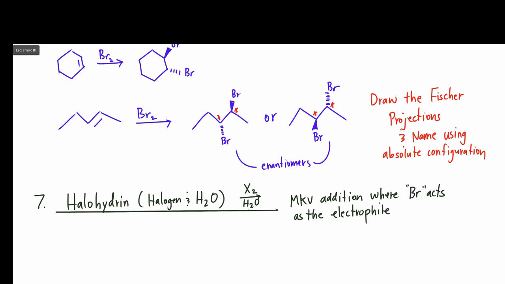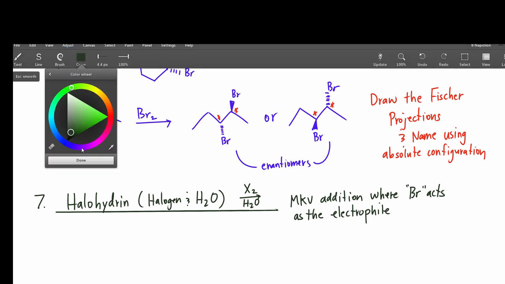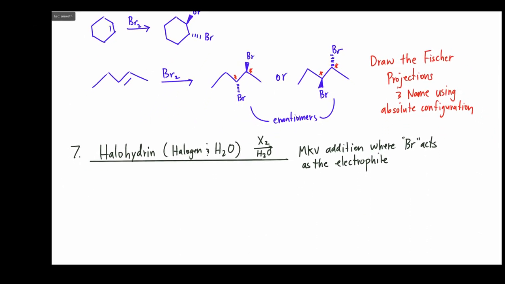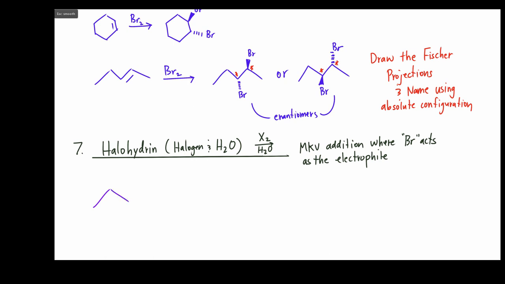Okay, so prior to this we had what, H plus acting as the electrophile. This time we're going to have Br. So I'm going to start with another alkene, and we're going to say Br2 over H2O. You know, I could draw the plus here, or I can just draw the arrow. It doesn't matter. Sometimes I do both of them.